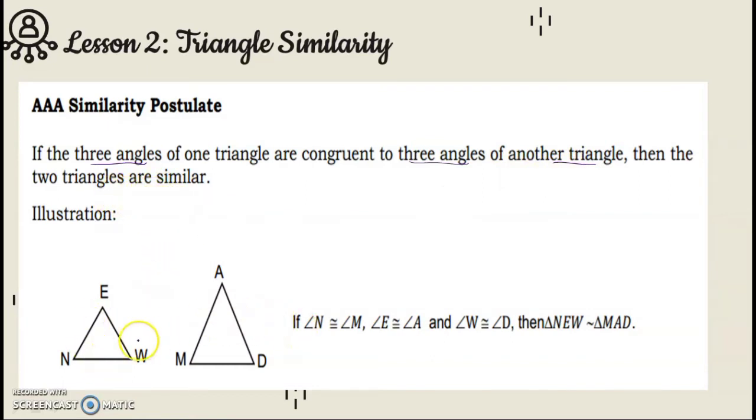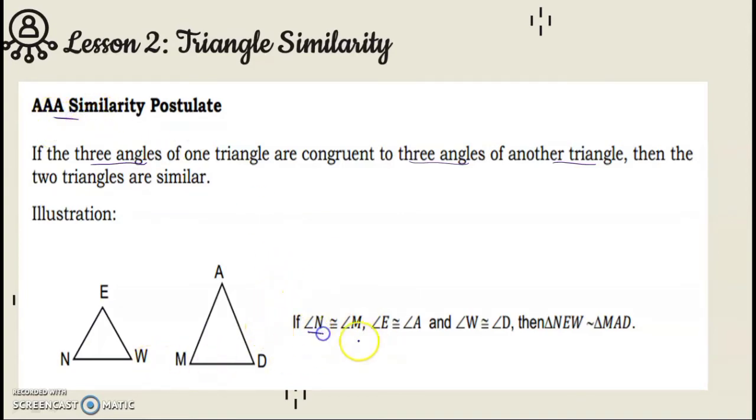Okay? So, ito yung example. Si triangle NEW is similar to triangle MAD. So, ang sinasabi lang dito is kapag yung tatlong corresponding angles ng dalawang triangle is congruent, so they are similar according to AAA similarity postulate.